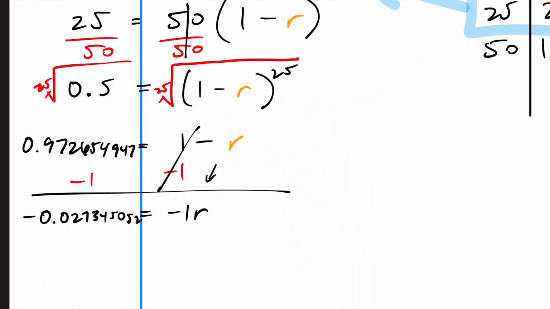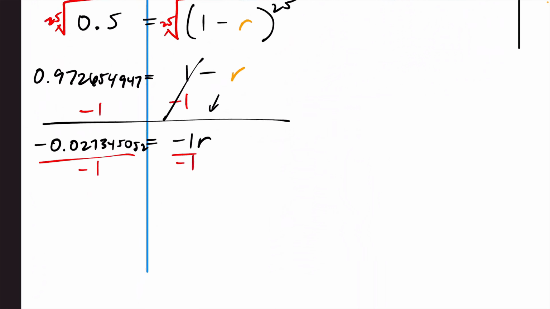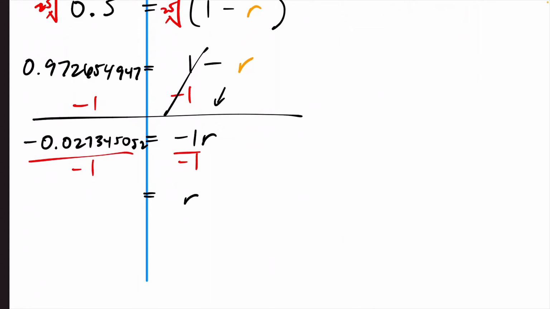So how do I get r by itself? Divide by negative 1. The nice thing about dividing by negative 1 is it just changes the sign. Okay, that's r. Now you can round it. How do I round it?